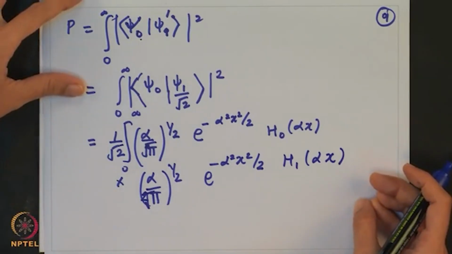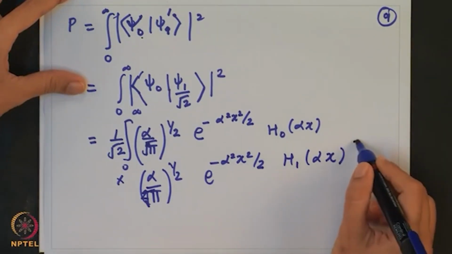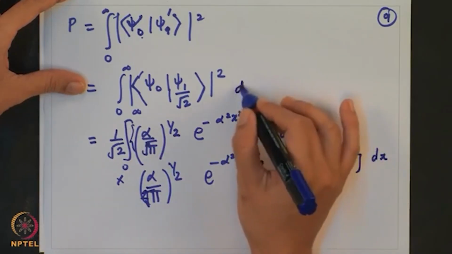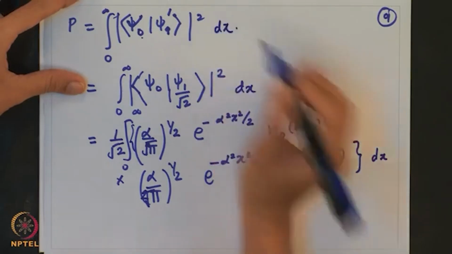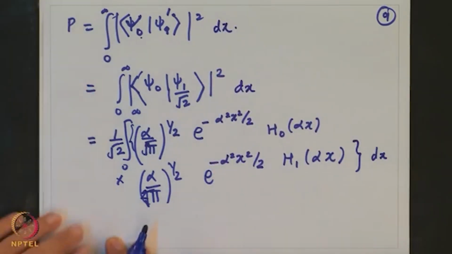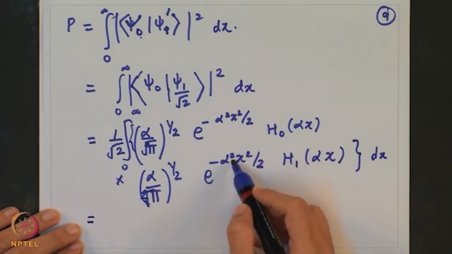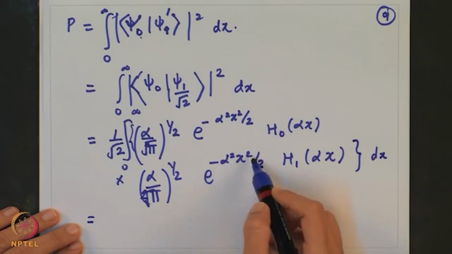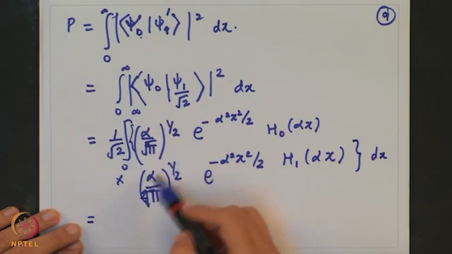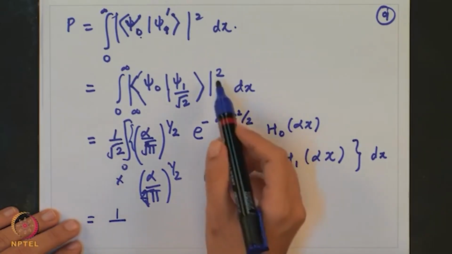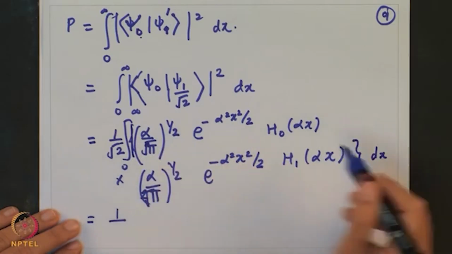So, now in order to simplify this entire thing, multiply by dx. I have dropped that in all the places. Now, we need to simplify this further. So, here we will have e raised to minus alpha square x square, and this part of the integral will also get simplified, and you will be left with square root of, there is a whole square in this, right.